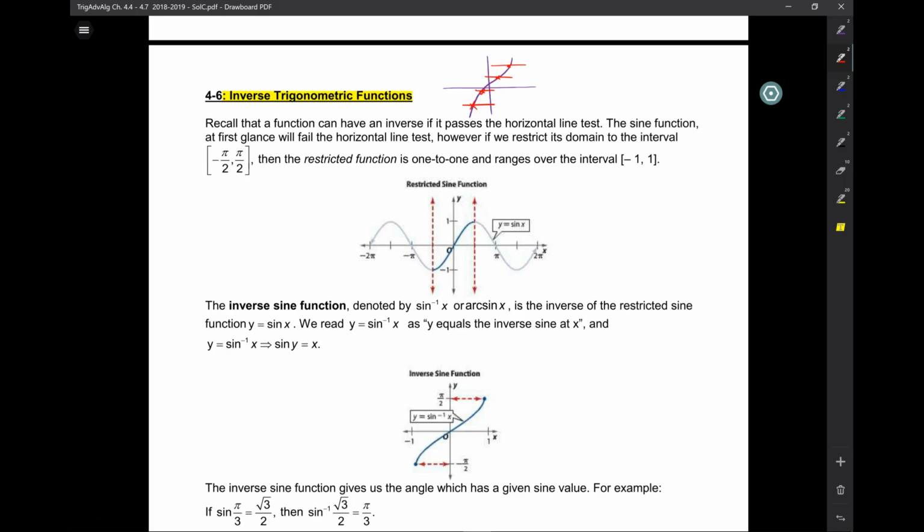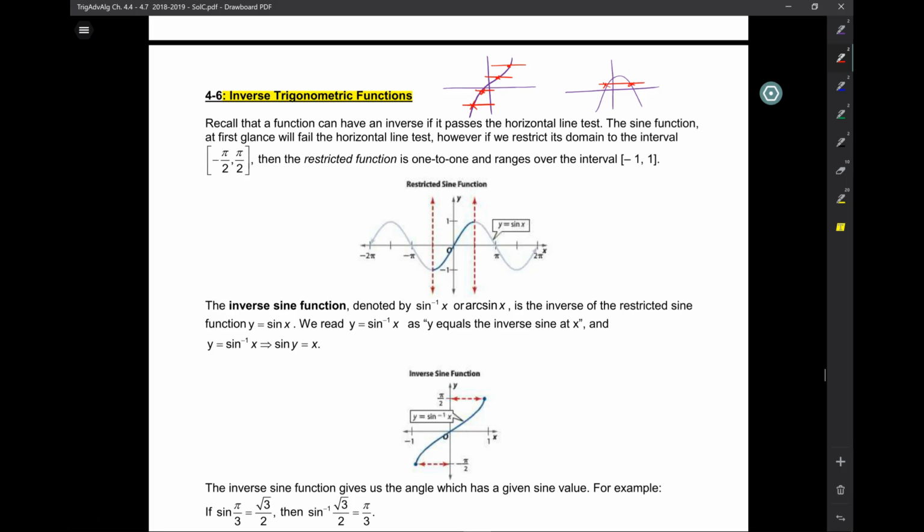That means it passes. That means its inverse is a function. Great. This one, will it pass the horizontal line test? No, it'll fail. Parabola will fail. That means its inverse is not a function. Okay? Now, fine. Too bad for the parabola.